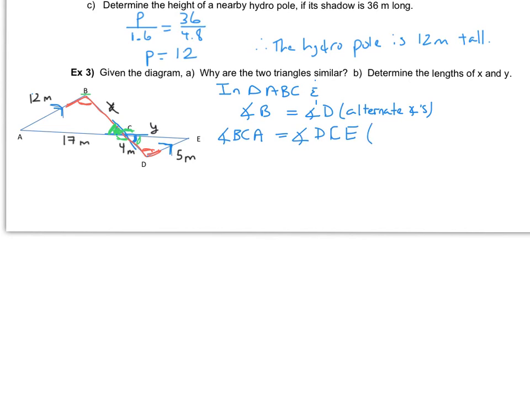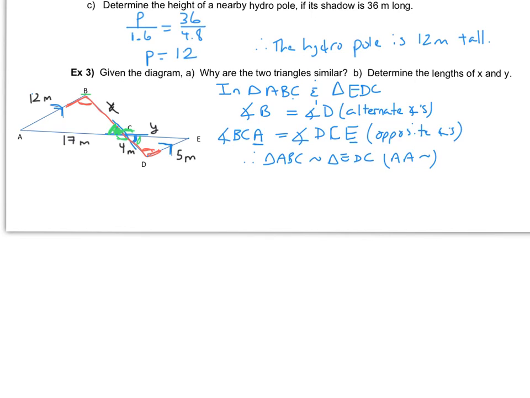And that is because of opposite angles. And then what we have is that our triangles are similar to each other. Now I'm going to go back and put my other triangle name. B corresponded with D, A ended up corresponding with E. So A corresponds with E. I'm going to say this is triangle ECD, B corresponds with D, and then C corresponds with C. All right, so I've got my triangles being similar.